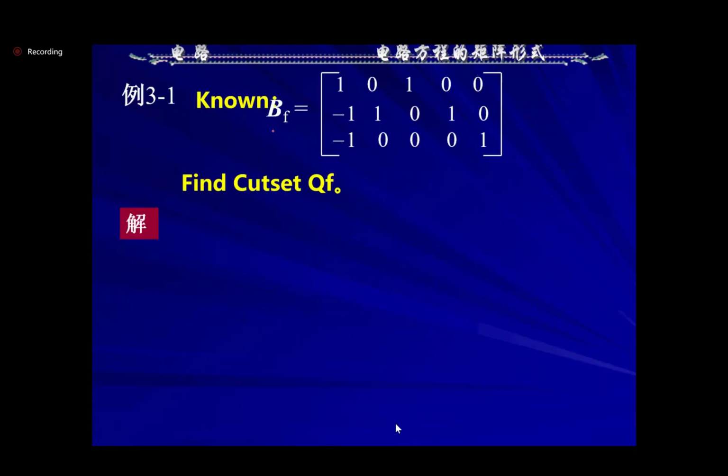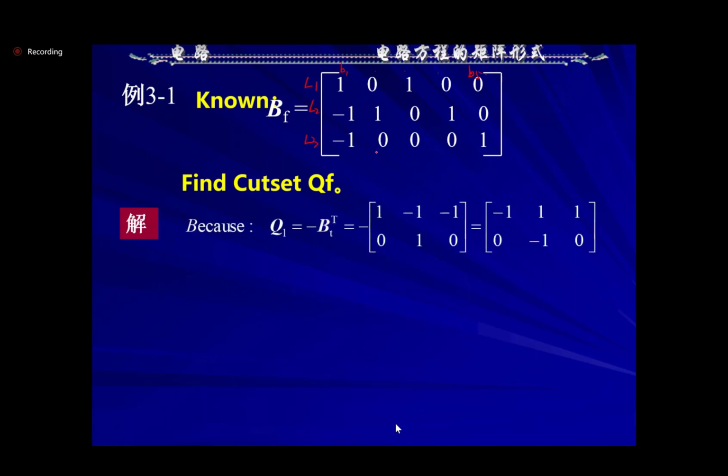For example, we know the loop matrix Bf, with loop 1, loop 2, loop 3, and branches 1, 2, 3, 4, 5. Find the cutset matrix Qf. This part is the unit matrix. So it means 3, 4, 5 is the cotree, and 1 and 2 is the tree.